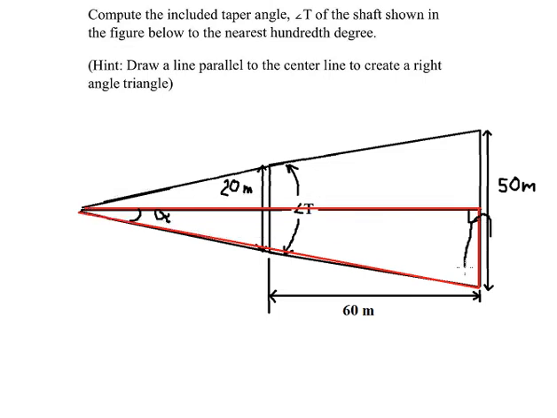This one we can find in here. We use 50 divided by 2 because this height is at the center of this line. Just use 50 divided by 2, so we have 25 meters.